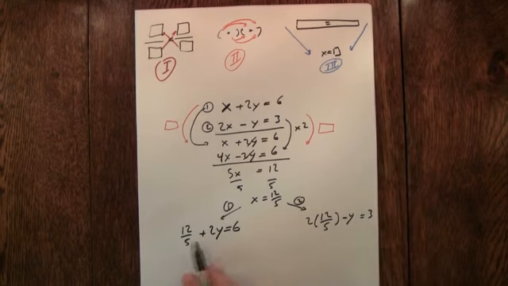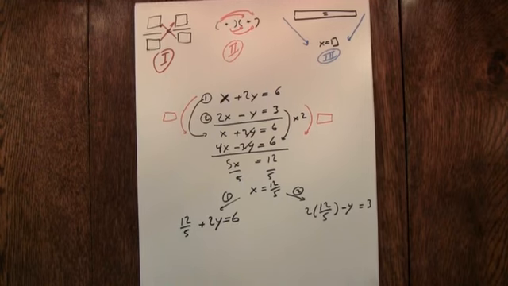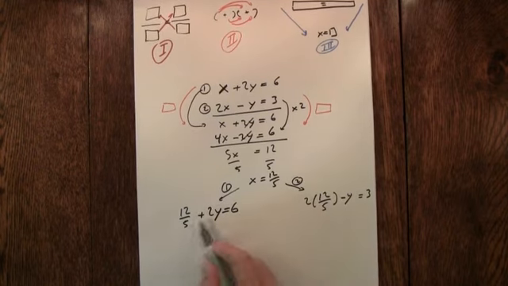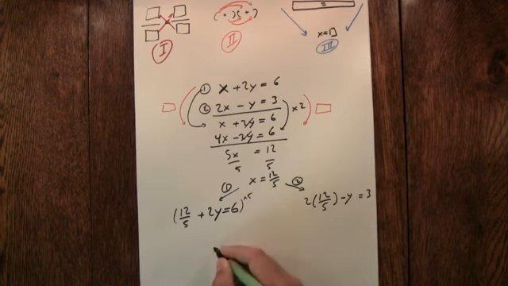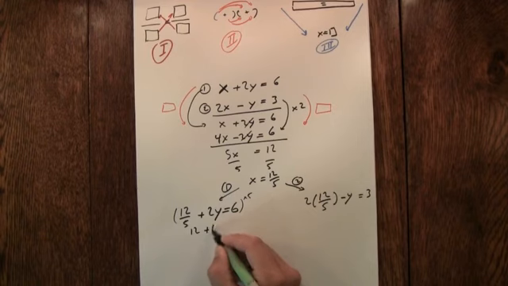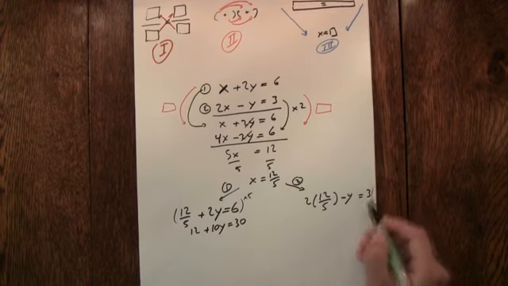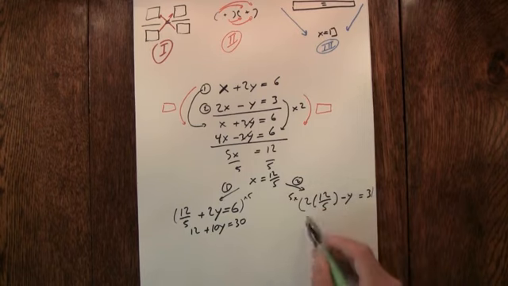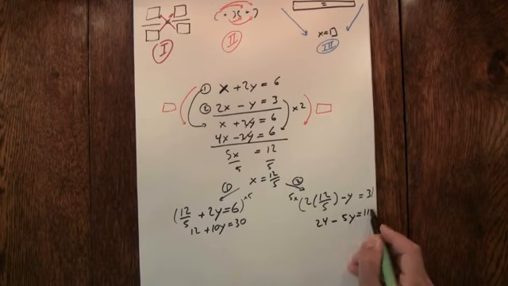Now, we've talked about what the simplest way to do this is. You can multiply the whole equation by 5 to get rid of your fractions, right? So this becomes 12 plus 10y is equal to 30. Multiply this whole thing by 5, right? 2 times 12 was 24, so this 5 kills this 5. 24 minus 5y is equal to 15.